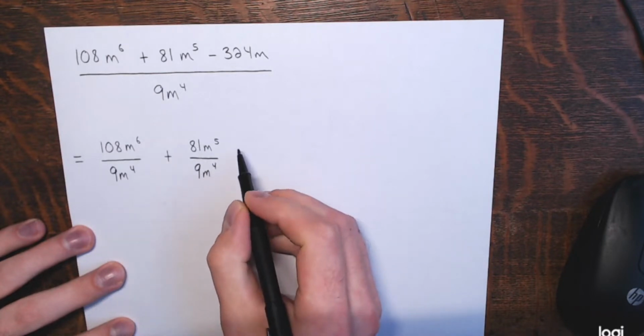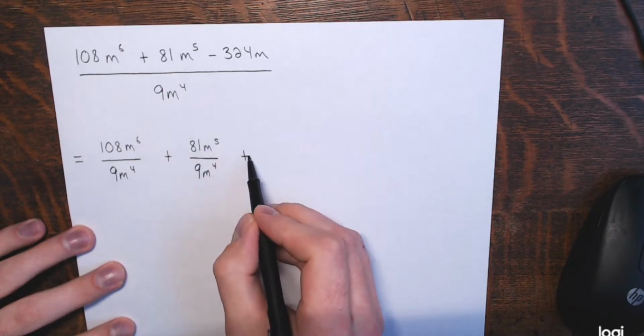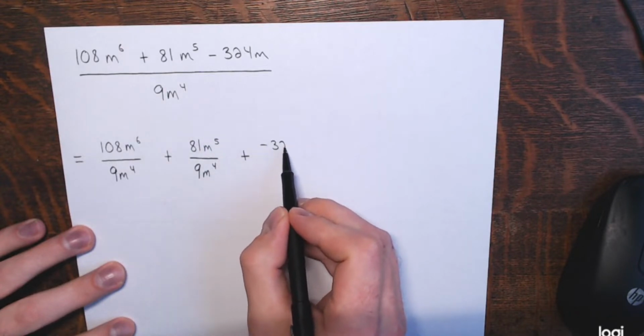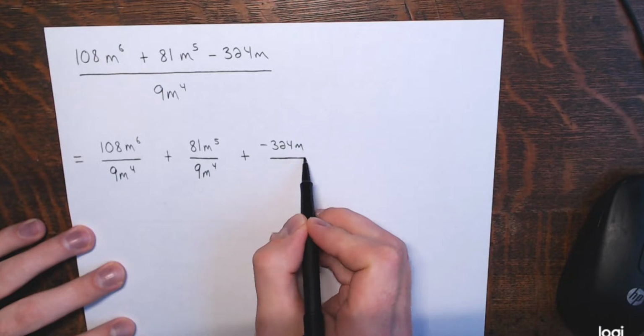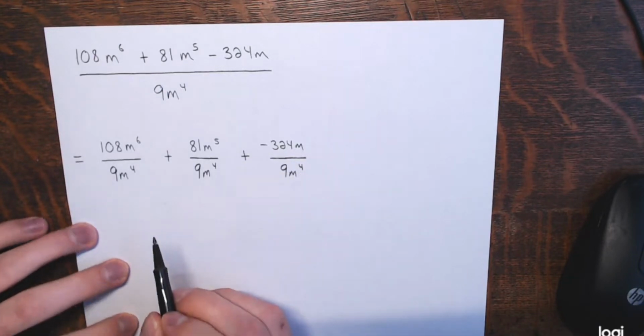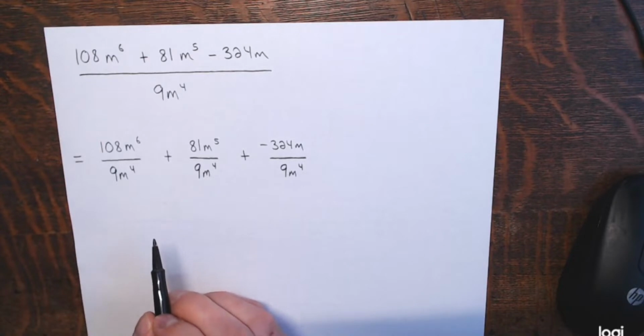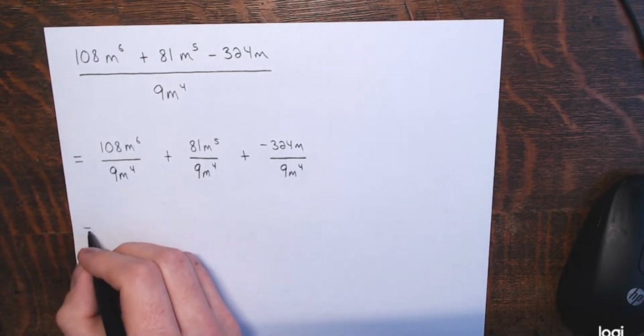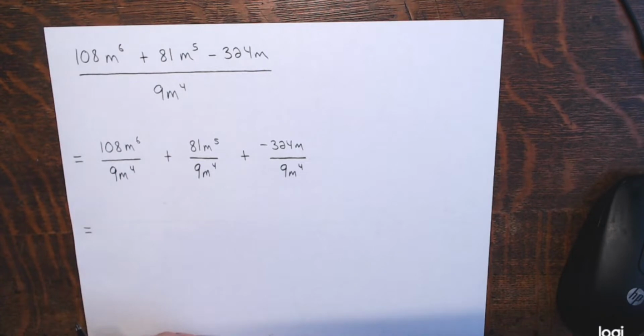And then, technically you can write plus again, and then negative 324m divided by 9m to the fourth. Or I could have just made that a minus, because plus a negative is just subtraction. And then we go through and simplify each of these.